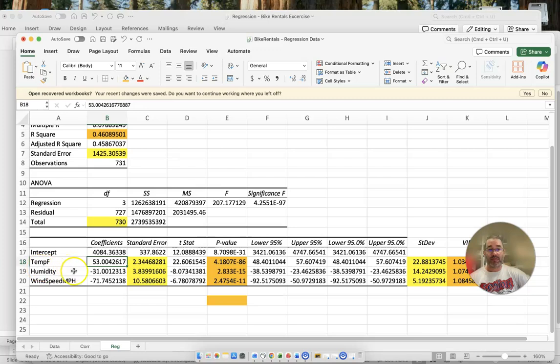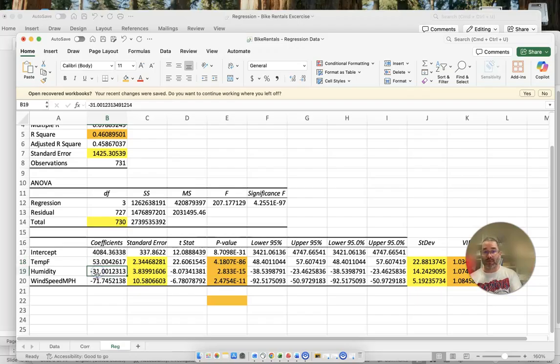Our coefficient for temperature is 53, but it's a positive 53. They don't actually write the positive sign in, they write it in for the negatives, negative 31, negative 71. What that positive for temperature means is that on average, as the temperature increases, bike rentals also increase.